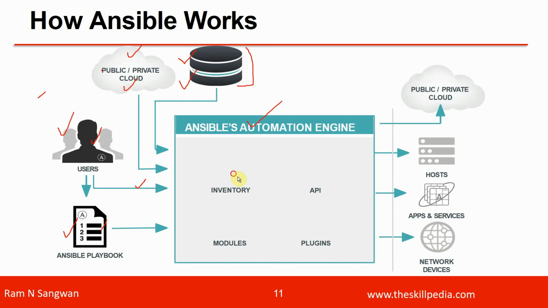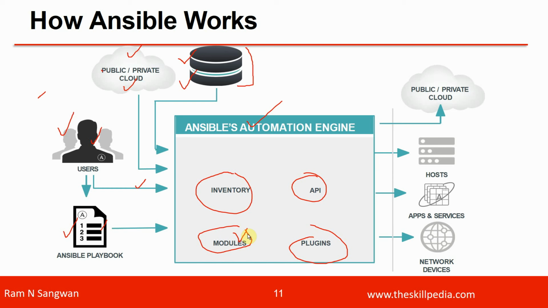The Ansible automation engine has the inventory, the API, modules and plugins. The modules make the task. Every task is nothing but the implementation of a module, which will perform one specific task efficiently. Plugins give extension power to Ansible.